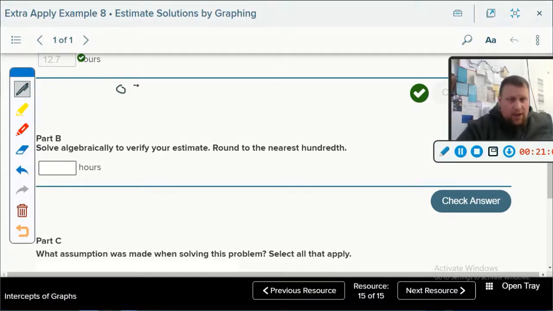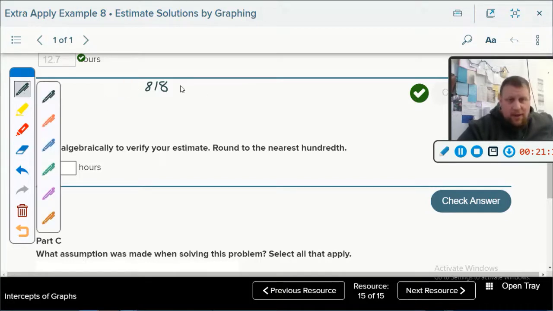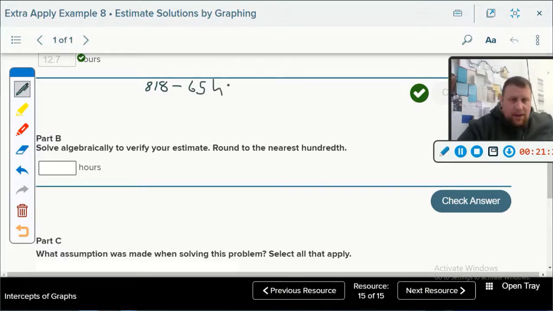0 equals 818. Or actually, I like to write it the other way. So I'm going to write 818 minus 65h equals 0. There we go. I like that better. And what am I going to do? Well, I'll subtract 818 from both sides.